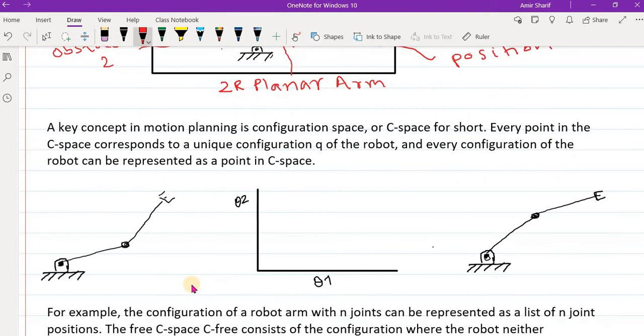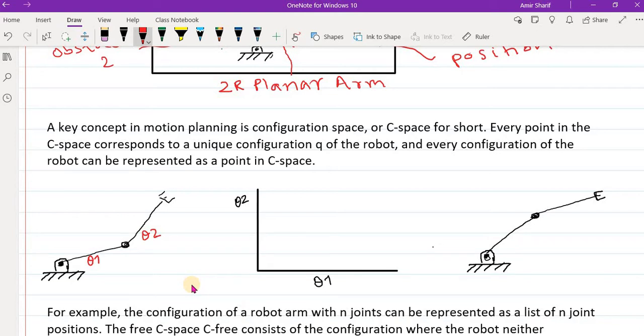So let's say we again have a 2R planar robotic arm with 2 joints, 2 links and an end effector. The specification of joint 1, which is theta 1, and then an angle theta 2, is the configuration of this robot.